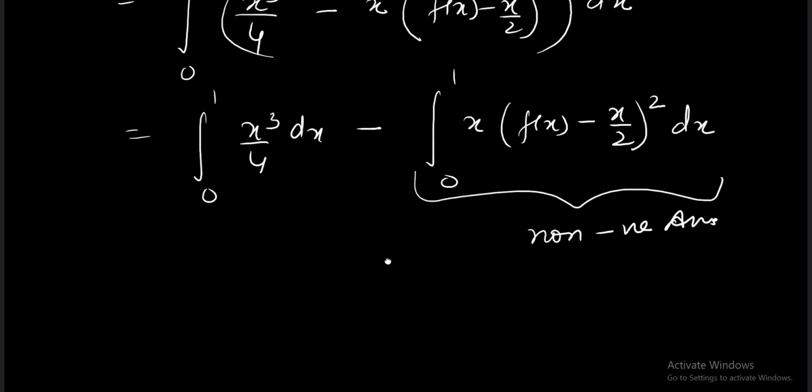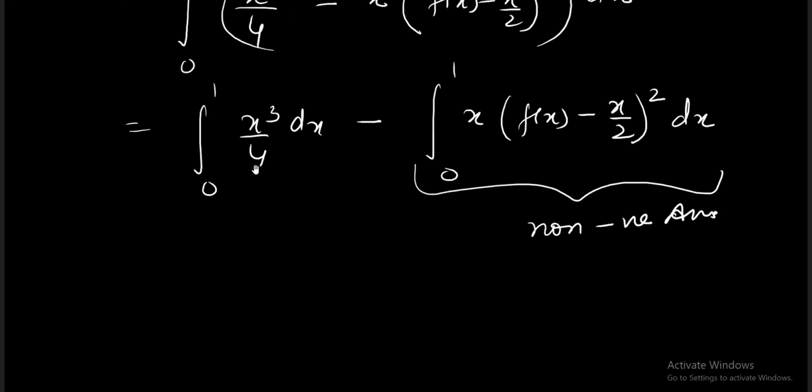The question says that we need to find the maximum value of this expression. To get its maximum, you have to subtract the minimum, because this one is a constant thing. It is not going to vary, but here, depending on the function, you will get different values. What I need is its minimum. The minimum has to be subtracted. What is the minimum we can take? We can take the minimum of this expression as 0.